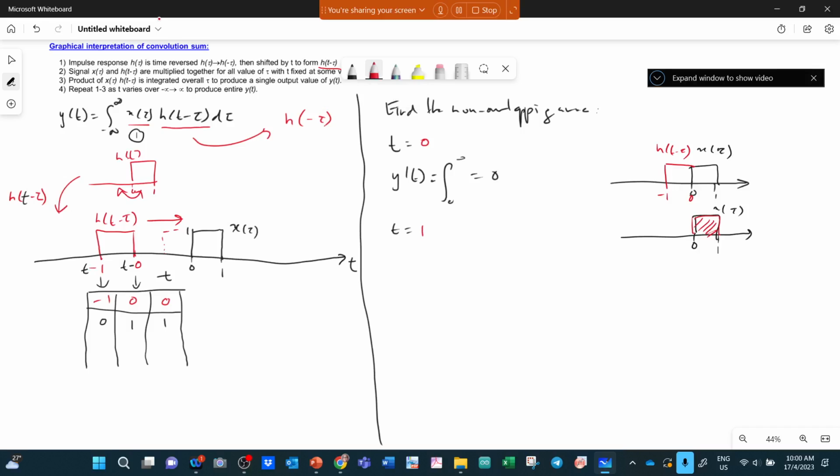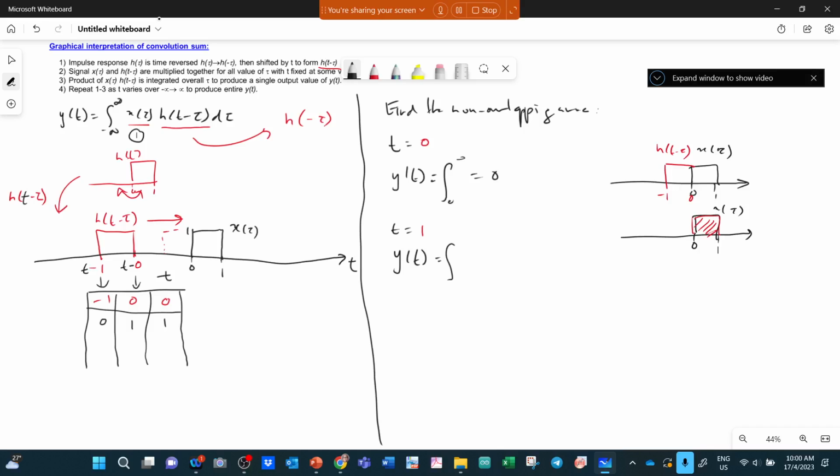So at t equal to 1, yt equal to integration of 0 to 1. Sebab apa? Tak, kita tengok video kan, video integration tu adalah to find the area under the graph.